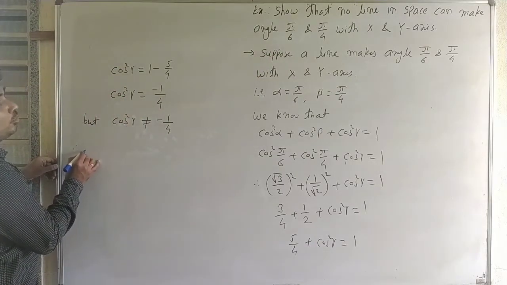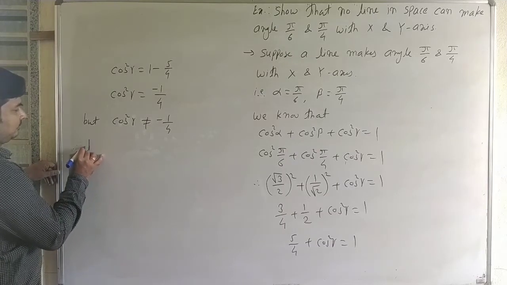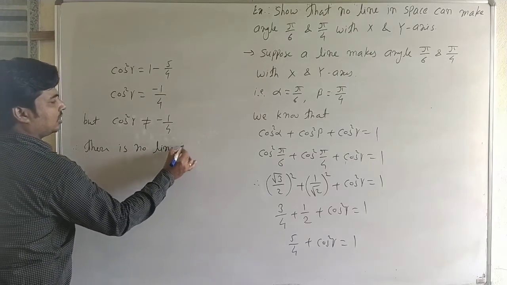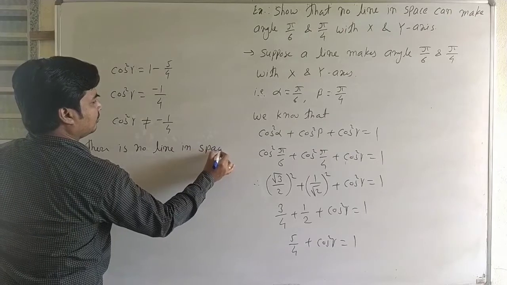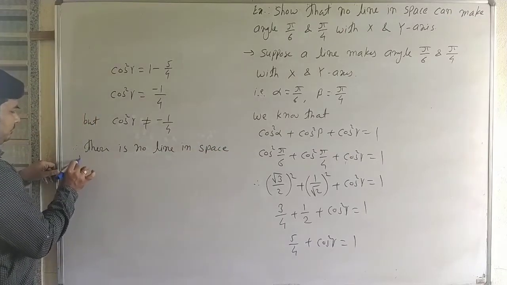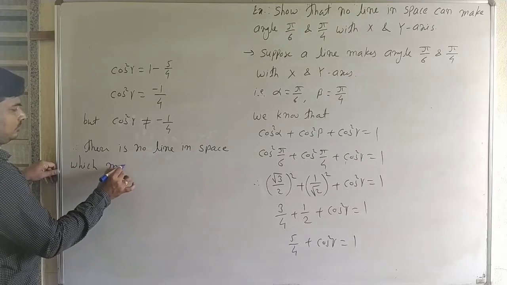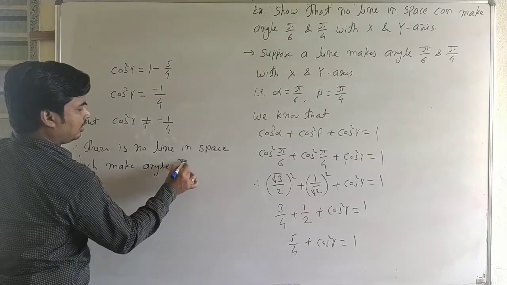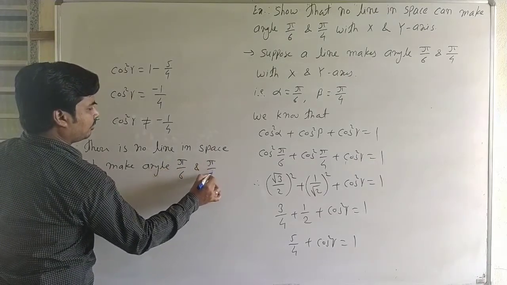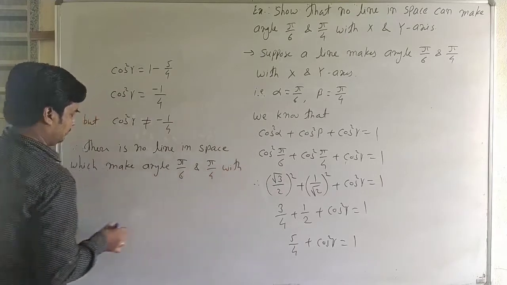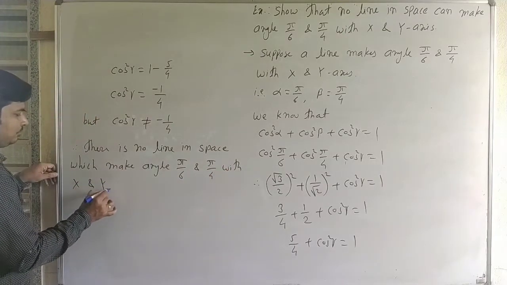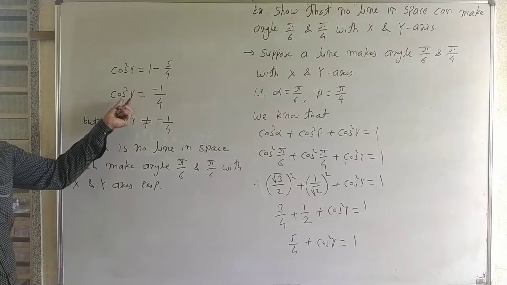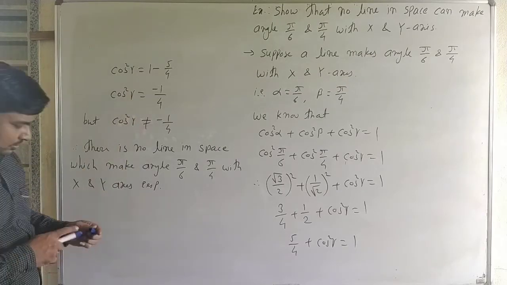Therefore there is no line in the space which makes angles pi by 6 and pi by 4 with x and y axis, okay, respectively. Okay. There is no line because the value of gamma can't be found. Now we see the next example.